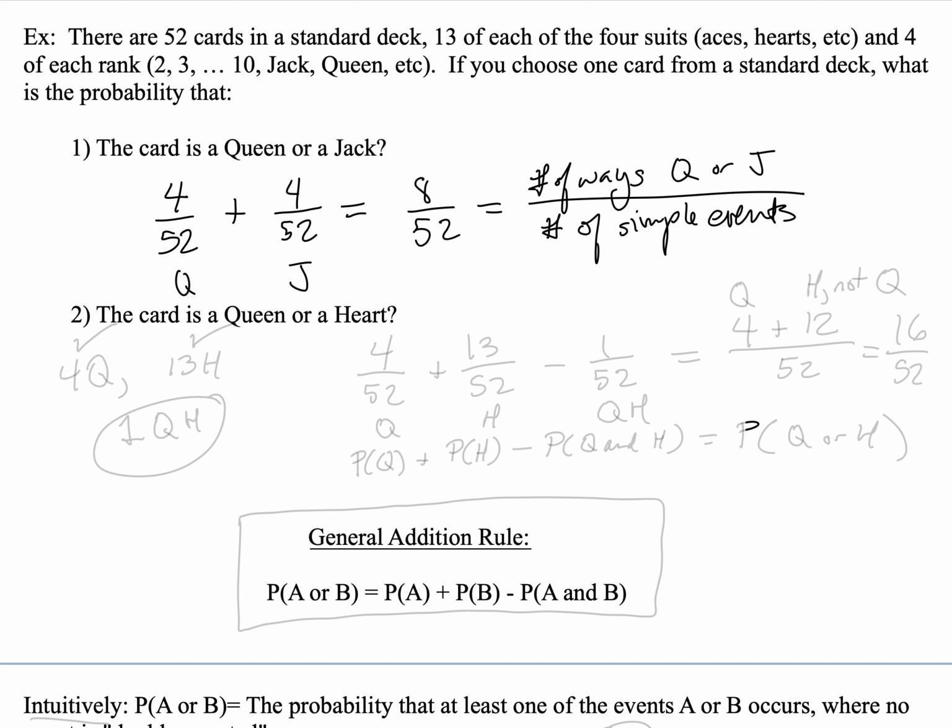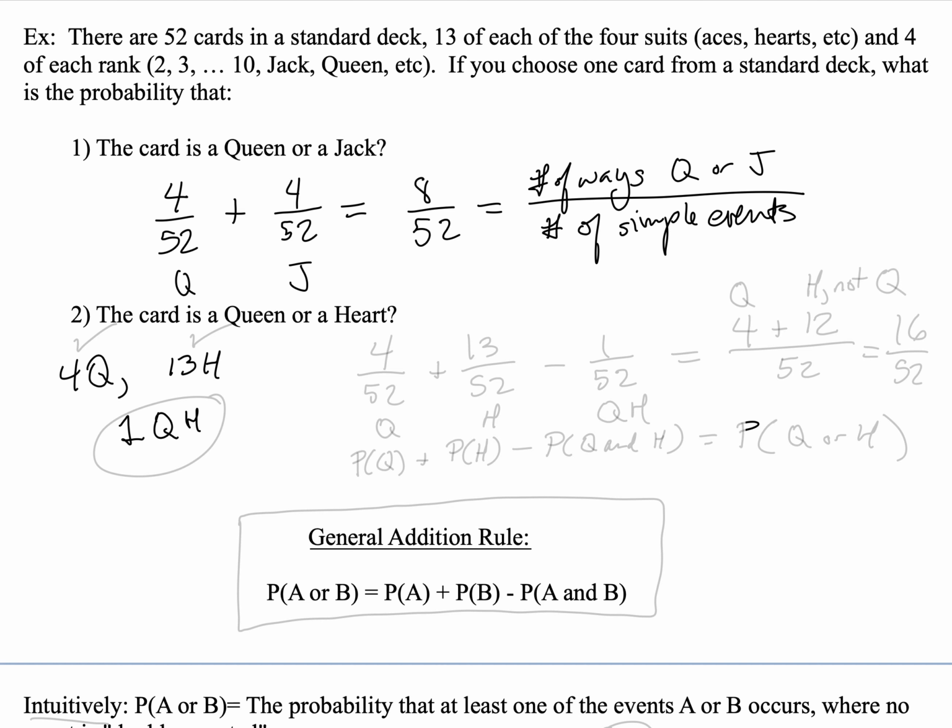How about the probability that the card is a queen or a heart? Well, we have 4 queens, we have 13 hearts, but we have one card that is both a queen and a heart. We have one queen of hearts.